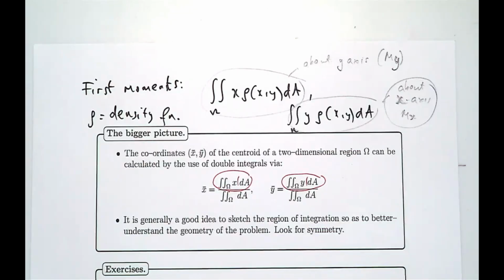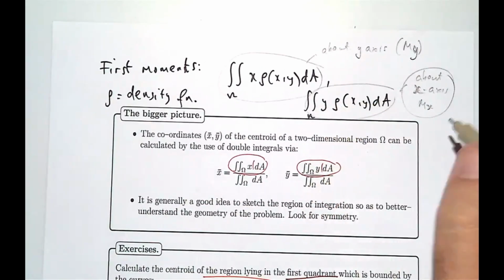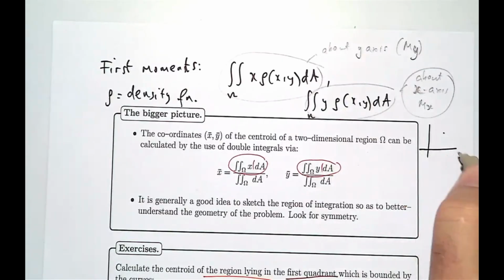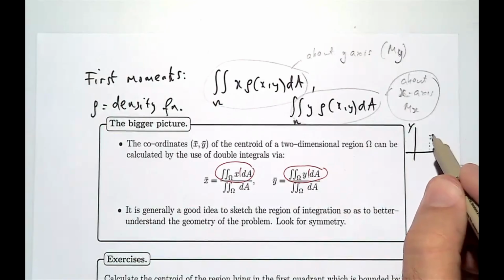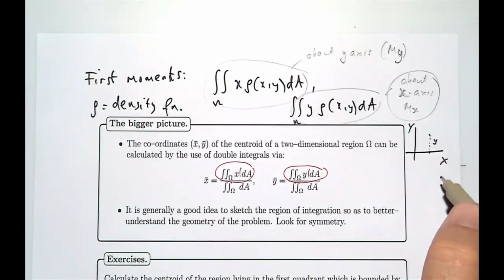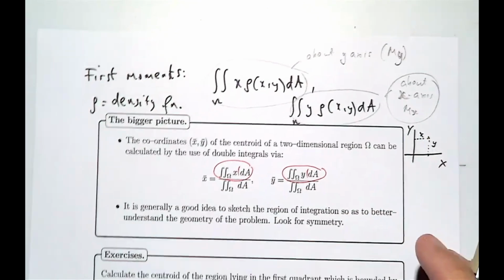And it's the same with the other first moment, right? This one's about the x-axis. So if you have a point, say, here, and here's the x-axis, here's the y-axis, obviously the distance from that point to that axis is y, okay? And the distance from that point to that axis is x.